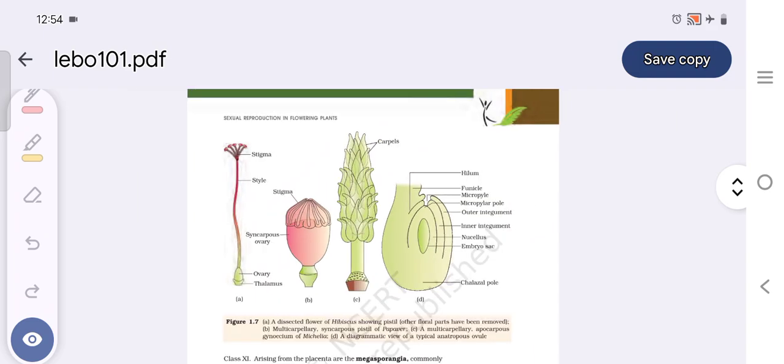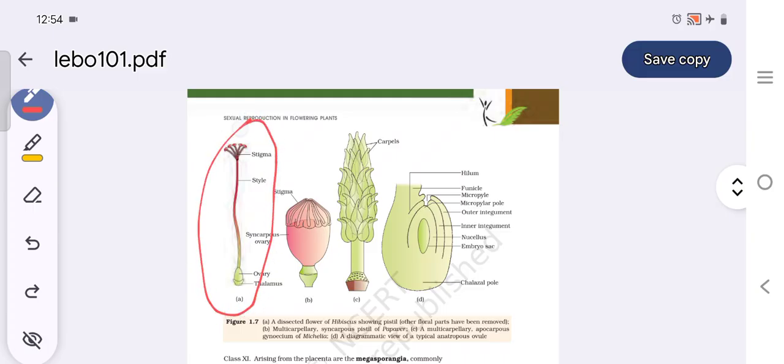Now you have another set of diagrams here, again very important. This is a typical hibiscus flower: you will have the stigma there, this is the style, and this is the ovary. The part on which the ovary is attached, or where the ovary starts, is called the thalamus.